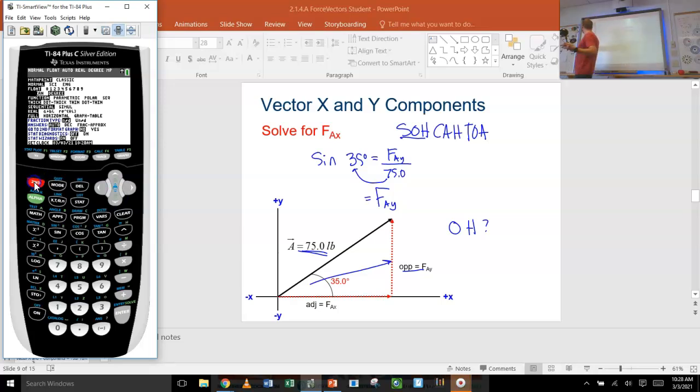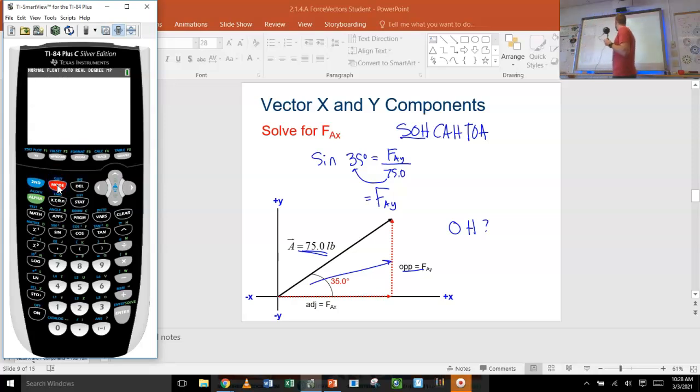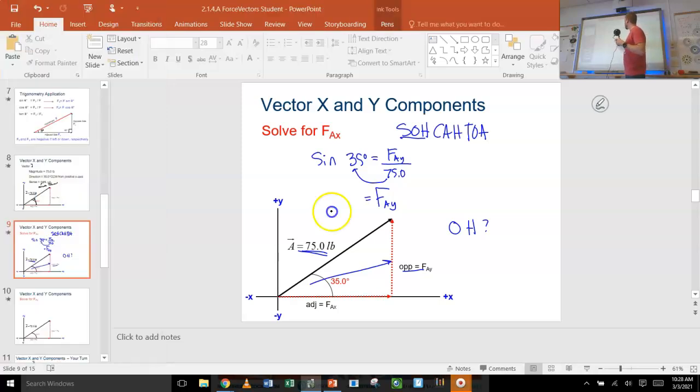That is good. So now I'm going to take 75 times the sine, and the sine on my calculator is right there, of 35 degrees. Close my parenthesis, enter, and I get 43. So this, FAY, equals 43.